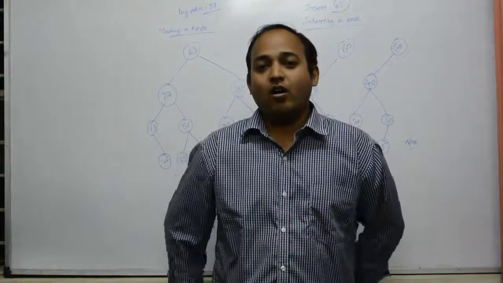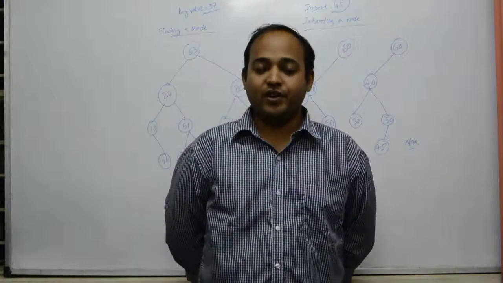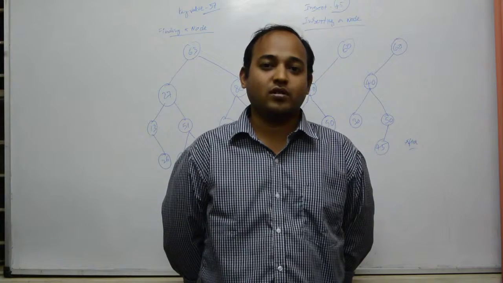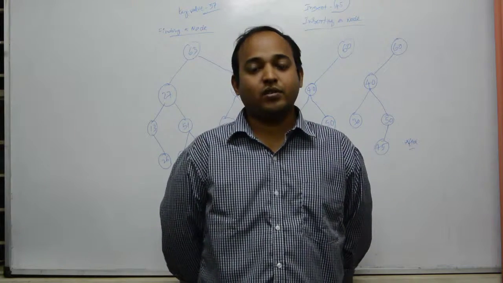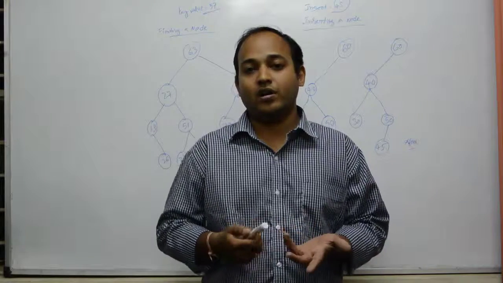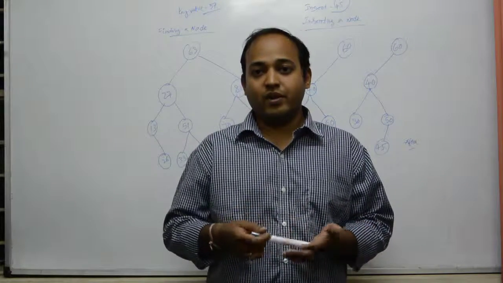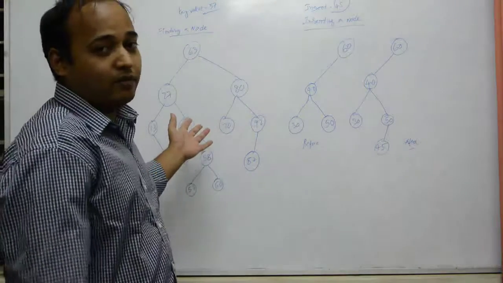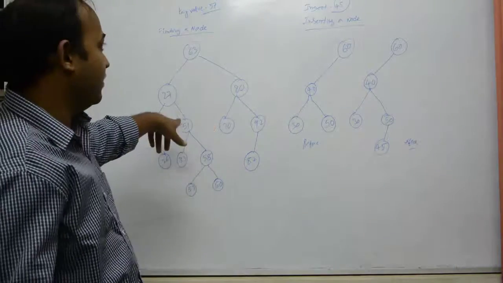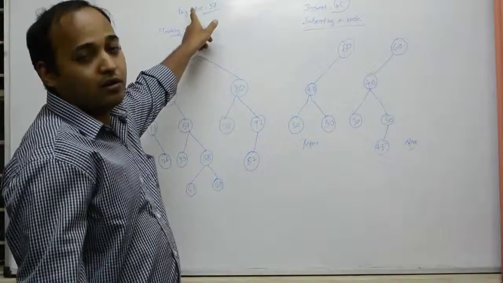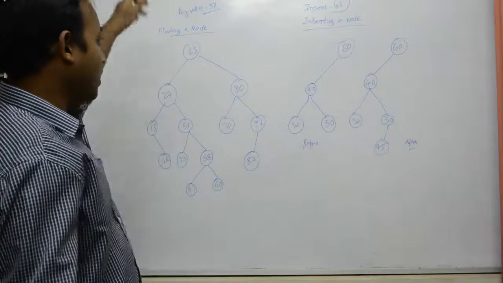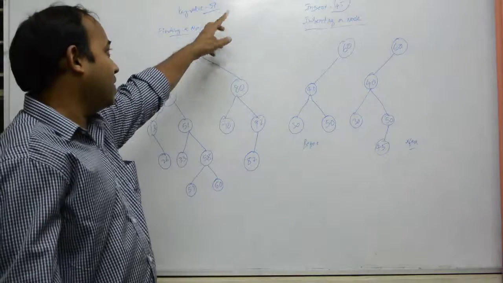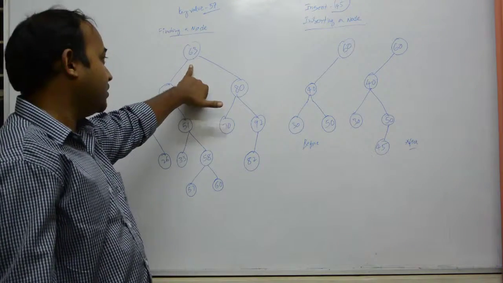Now I will show you one example of how the advantages of the ordered array and the linked list are included in these structures. First, the advantage of the ordered array is that finding an element is fast. Now I have to find the key value 57 in this binary tree. The finding process starts from the root node itself. First it compares 57 with the root node, which has the value 63.